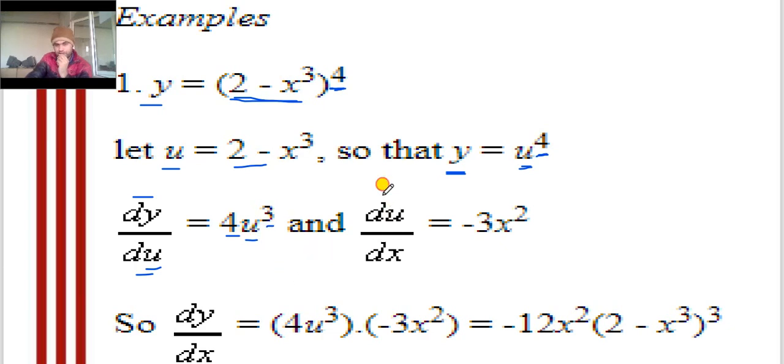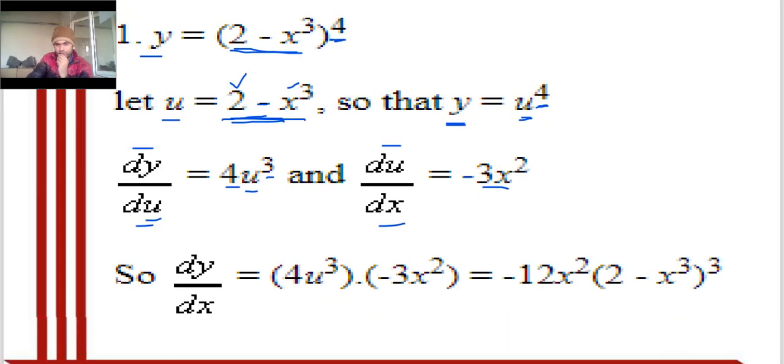Then the second thing, du upon dx. The u that you have assumed, you differentiate with respect to x. 2 is a constant, its differentiation is 0, then minus, and differentiation of x to the power 3 is 3x square. Now the formula is dy by dx equals dy by du into du upon dx.